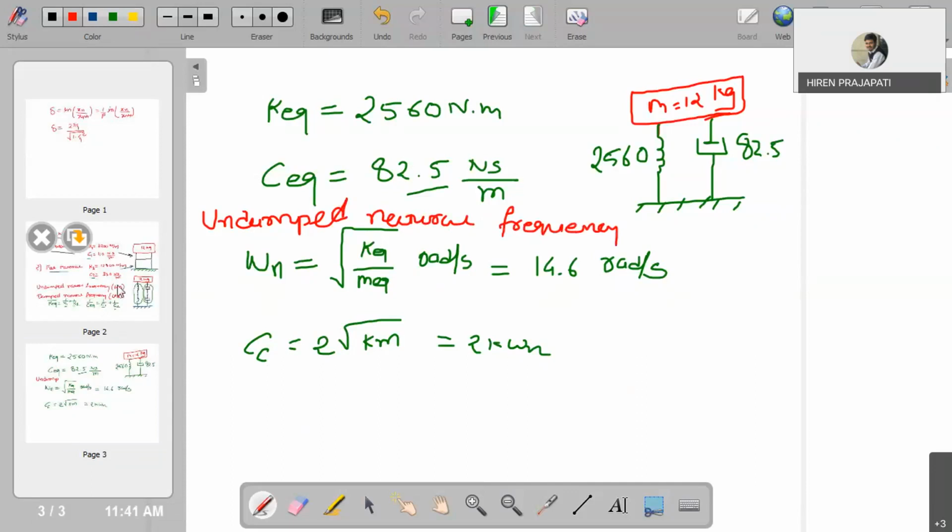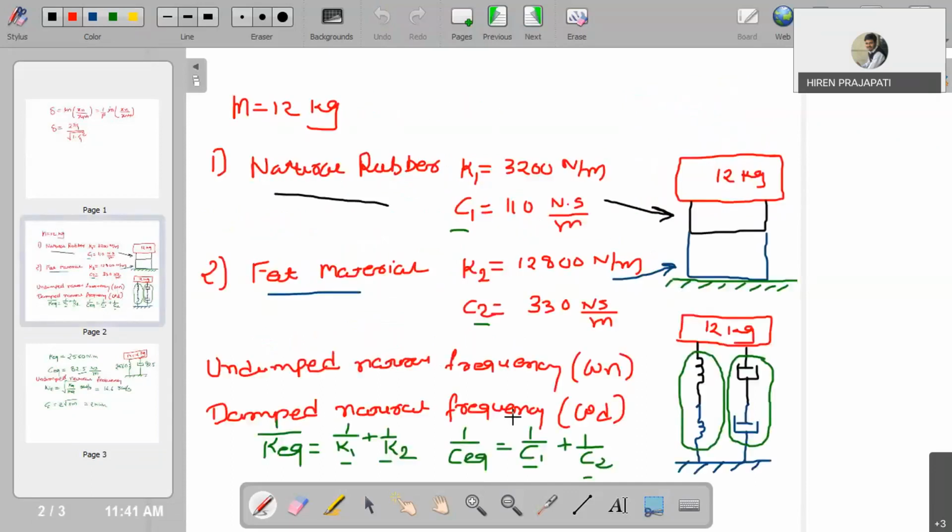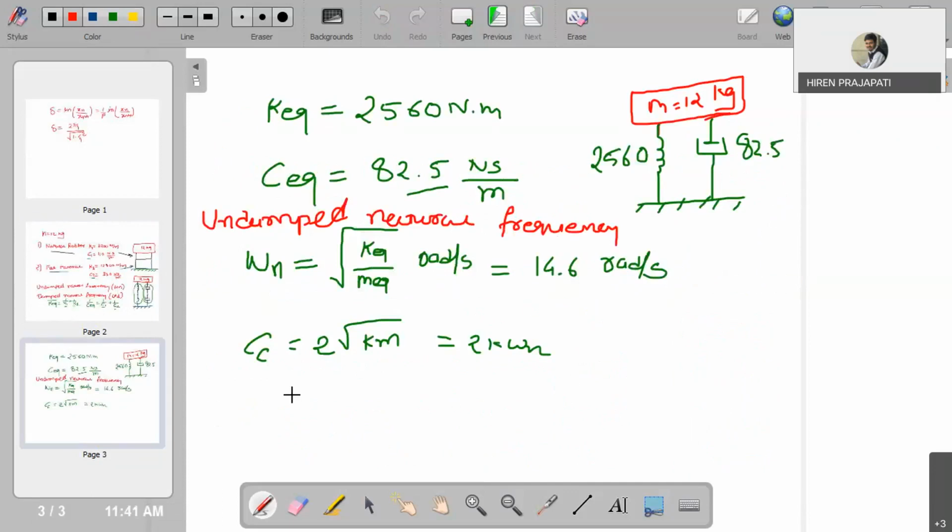Now second, we want to find the damped natural frequency, that is omega d. Now what is the equation of damped natural frequency? Do you remember this?